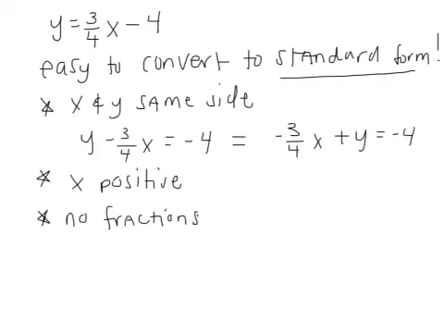And our third rule is that we want no fractions. So if we multiply both sides of the equation by -4, our equation is now in standard form, 3x plus 4y equals 16, and it follows all 3 rules. X and y are on the same side, x is positive, and we eliminated our fractions.